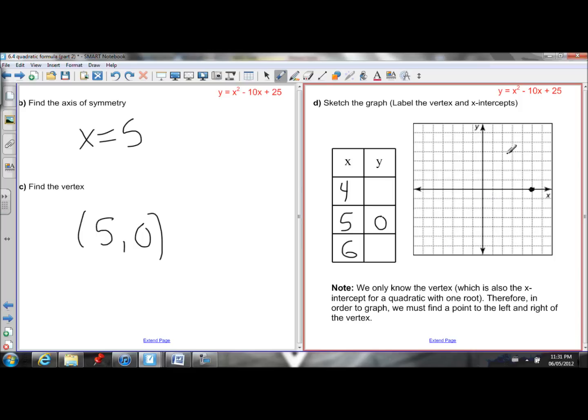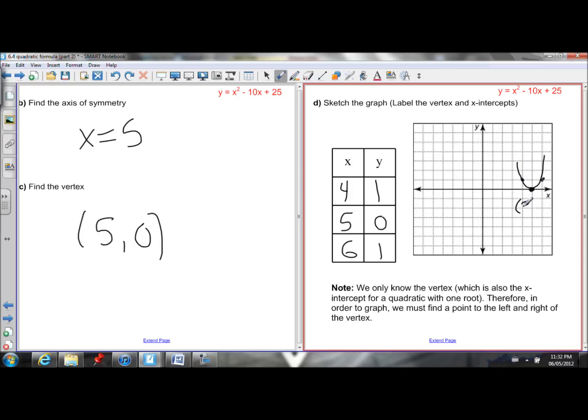If I plug 4 into my equation here, in for x, I would get a y value of 1. 16 minus 40, negative 24, plus 25 is 1. And I know parabolas are symmetrical, so if I go on to the right, it'll also be at 1. So here's my parabola that looks something like this.